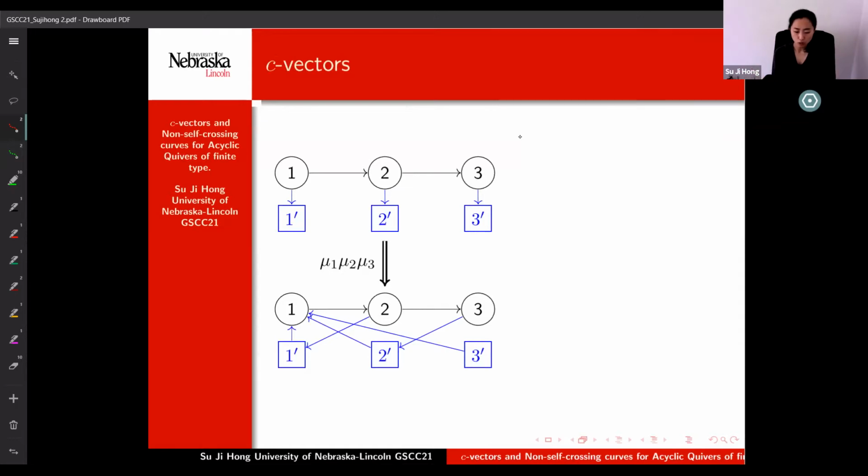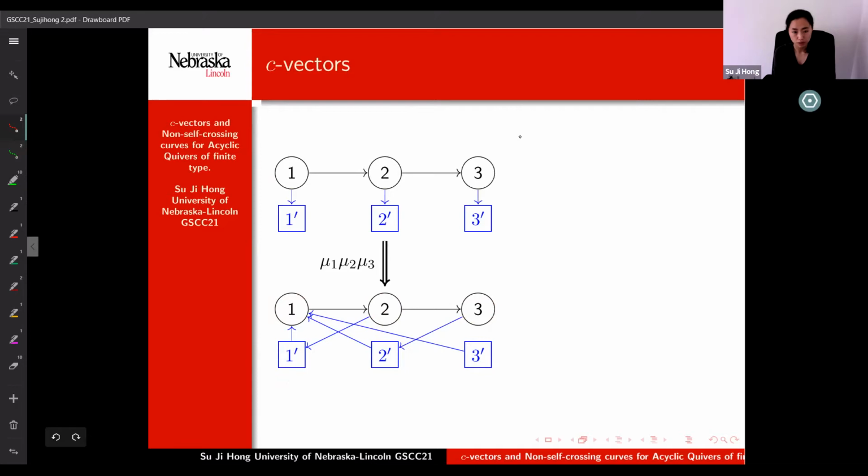Here, the c-vector looks at this new quiver and the relation between the mutable vertices and the frozen vertices. You can see that there is an arrow from all the frozen vertices to mutable vertex 1. There is an arrow from vertex 2 to 1 prime, and an arrow from 3 to 2 prime.